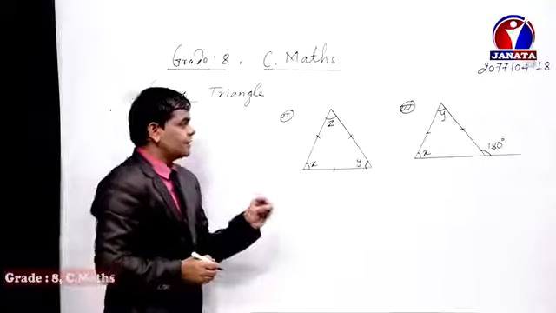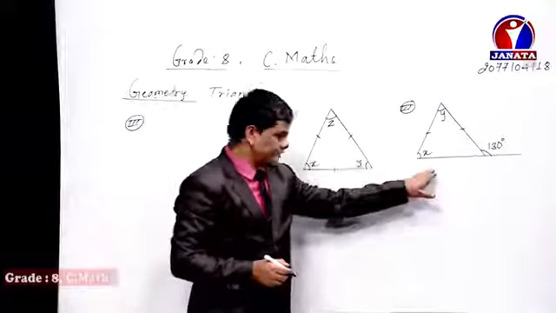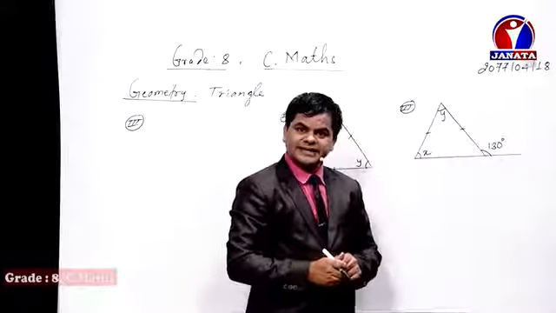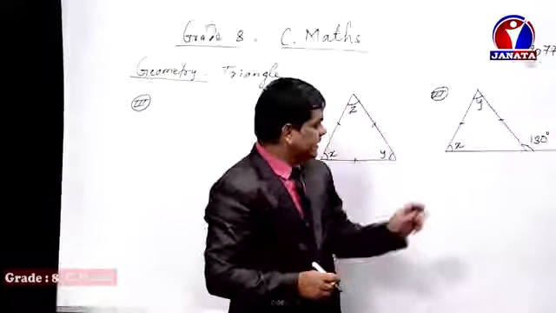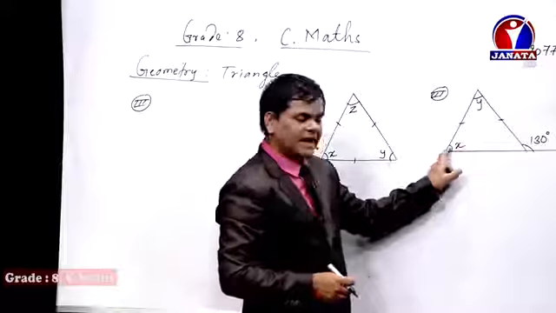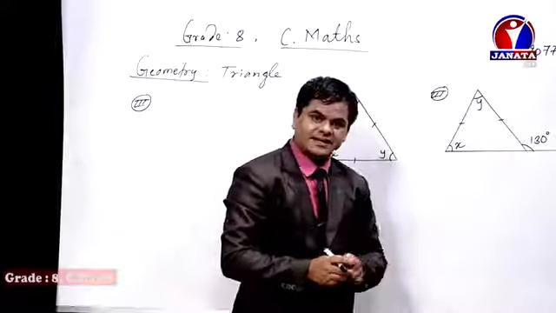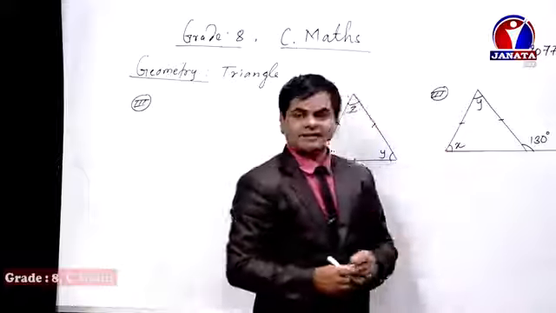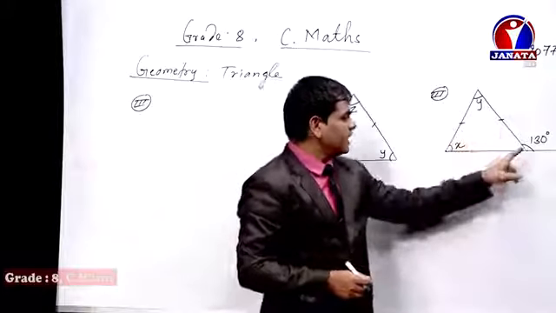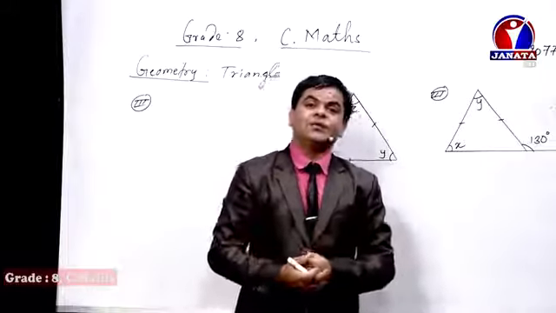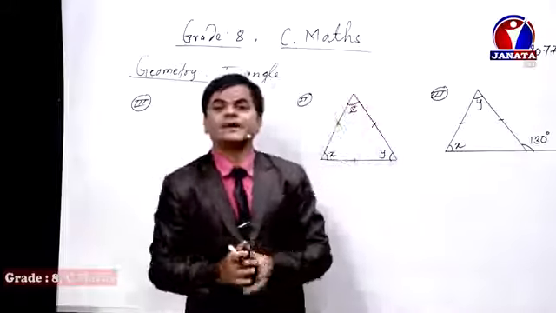In case of question number 3, dear friend, look at the figure. Here the exterior angle is given as 130 degrees, isn't it? And then the question is to find the value of this angle as x, and this one as y. Look at it, dear friend. It is an isosceles triangle, isn't it? Two sides are equal. Whenever necessary, we need to use the properties of different types of angles.